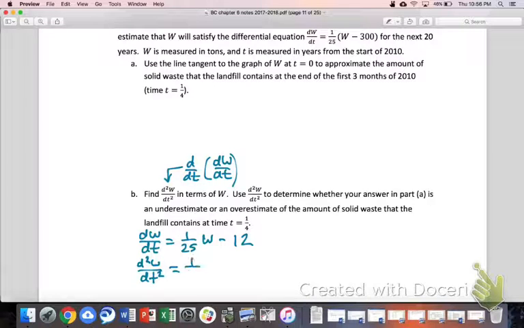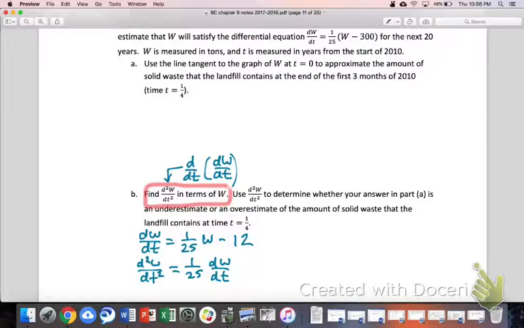This would equal 1/25 times dw dt. Again, using the chain rule here, we're doing d/dt of everything. Since we're doing d/dt of a w, then the chain rule factor is going to show up. Now this did ask us to find d squared w over dt squared in terms of w. And so right now it's not in terms of w, so I need to do a little substitution for this. I just need to recognize that dw dt is what I originally started with.